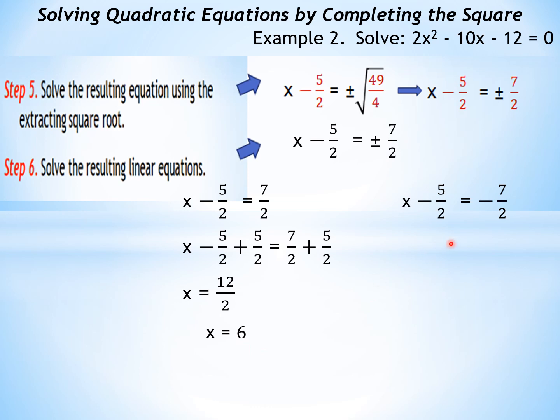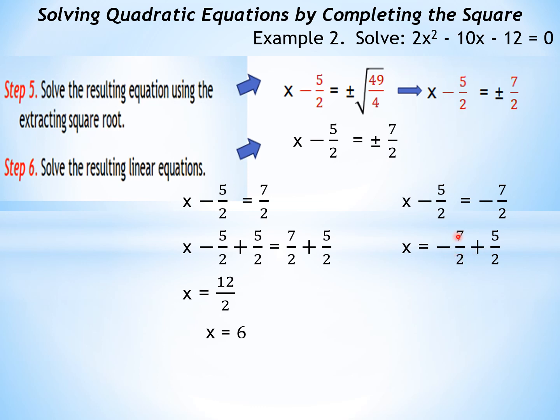Paano naman yung isa? So, ganun pa rin. Mag-add tayo both sides. So, pag nag-add tayo dito, mawawala na. So, dito, pupunta na lang sa kabila. Okay? So, dito ngayon, x is equal to minus 7 halves plus 5 halves. Kung papansin niyo, yung isa minus, yung isa plus.